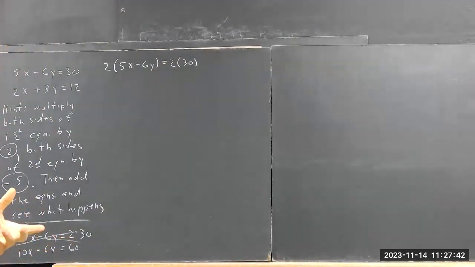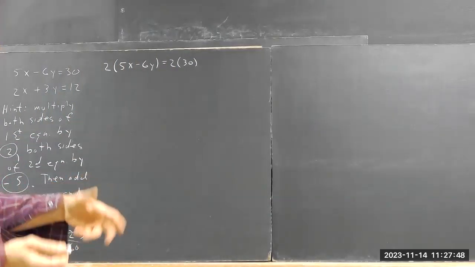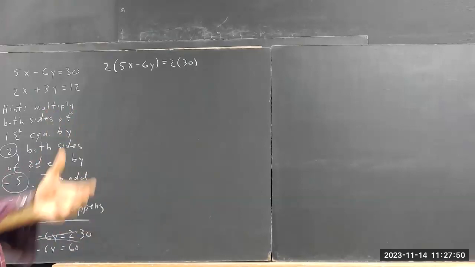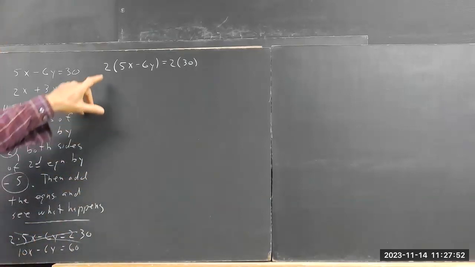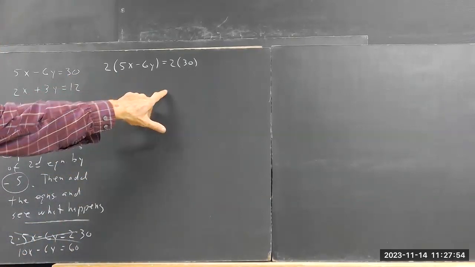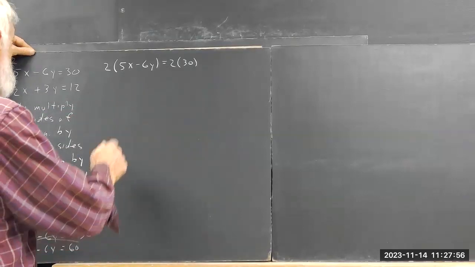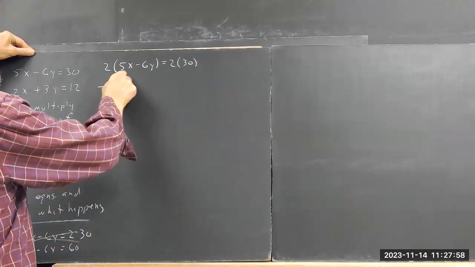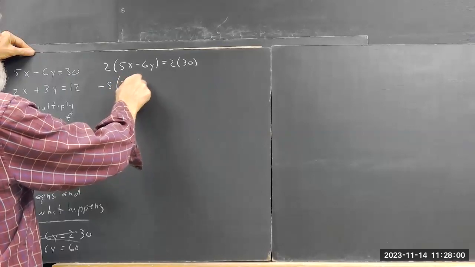Otherwise, you're changing the solutions of the equation. Okay? If you don't double the whole side, everything gets out of balance. Now, I would write it out like this, and I'd write the whole system.